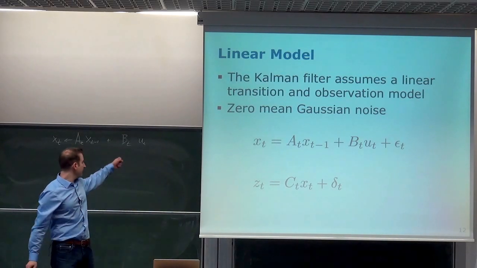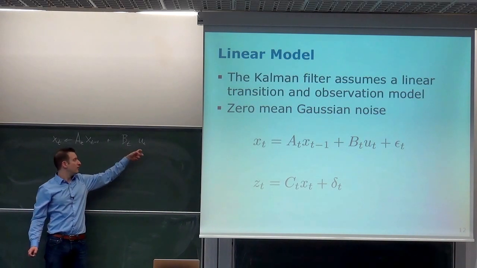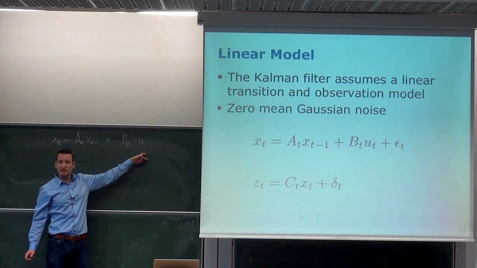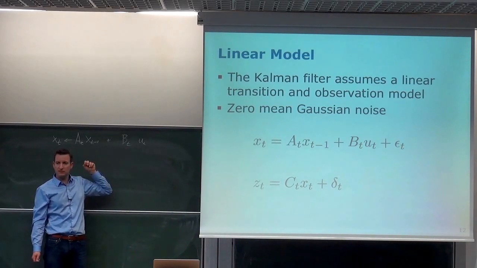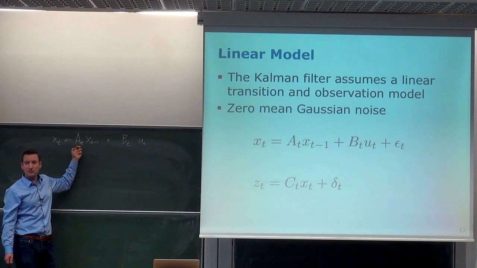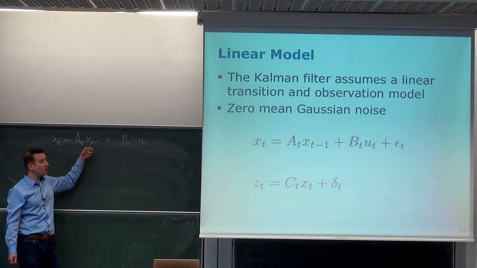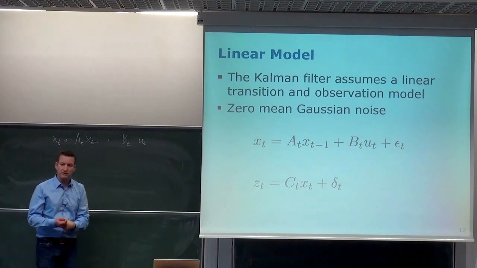So this is a mapping, this matrix B, from the dimensionality of my control space, where the control commands or odometry commands are executed, into the state space. And this matrix over here maps from the state space into the state space, because it tells me how the state xt changes if no control is applied.